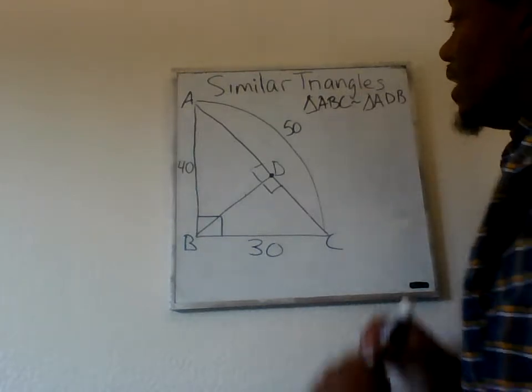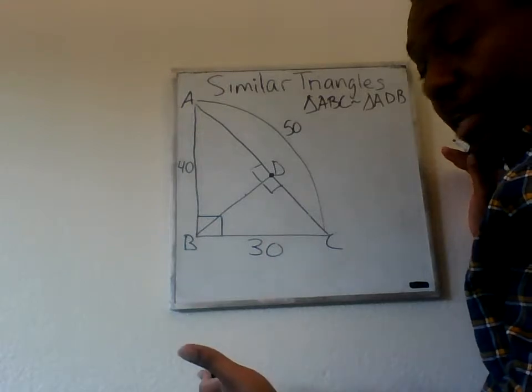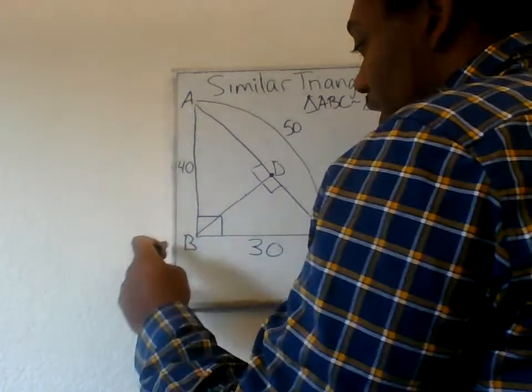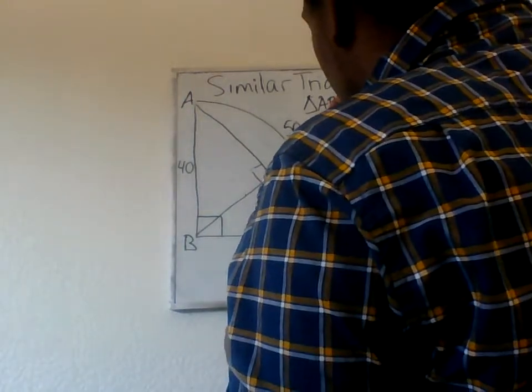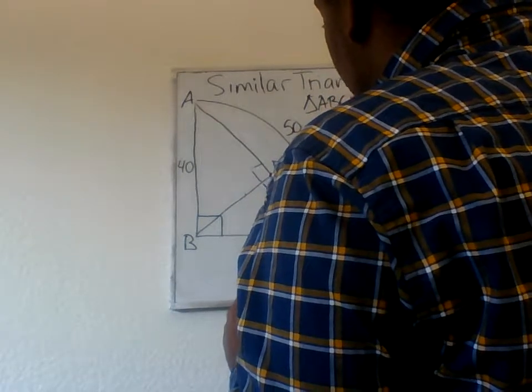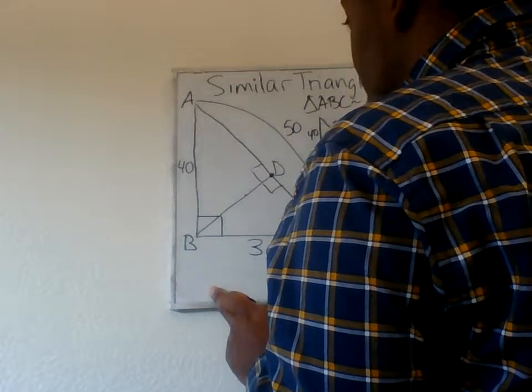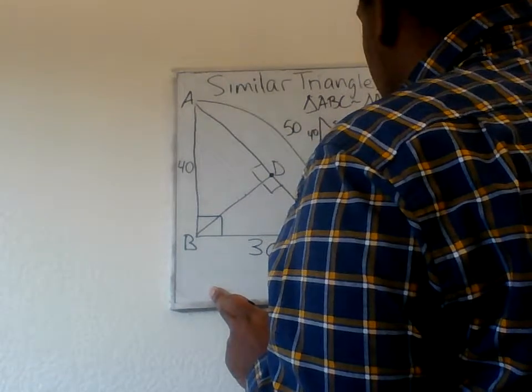Well, I know that sometimes it's actually easier for most people to draw out the triangle again. So we had ABC. So ABC was 30, 40, and 50. And what we have over here is ADB.